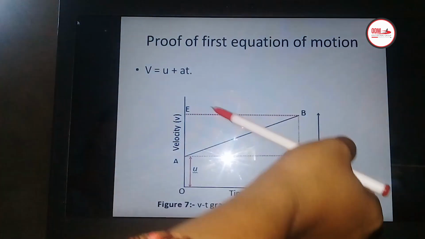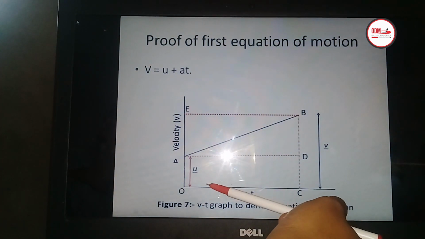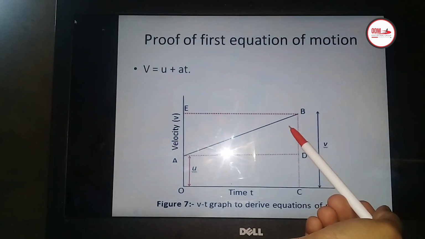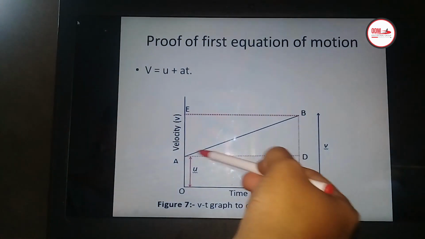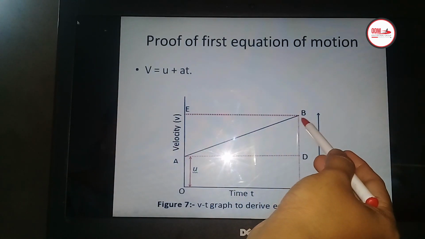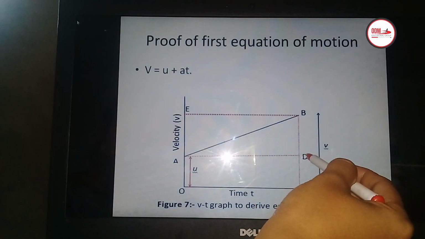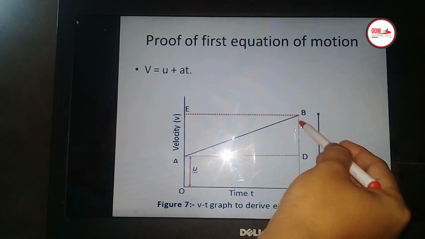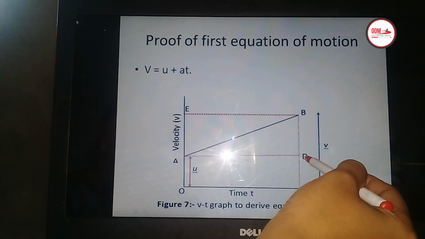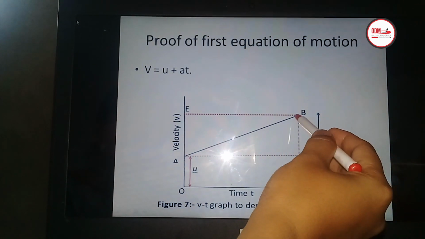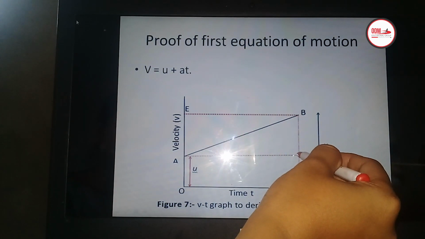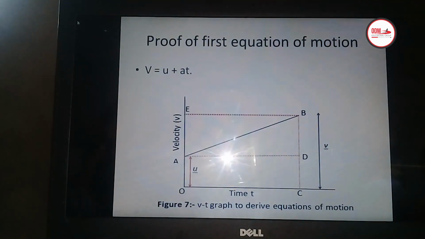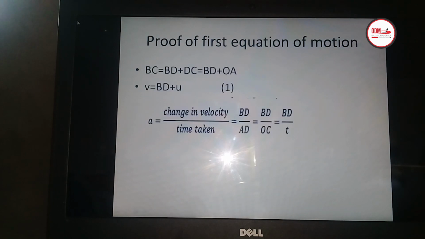As we know, the slope of the graph gives us the acceleration. So here the slope of the graph AB is equal to the perpendicular divided by the base, BD divided by AD. As we know, the value of BD is v minus u and AD is t. So we can put the values to get the equation.